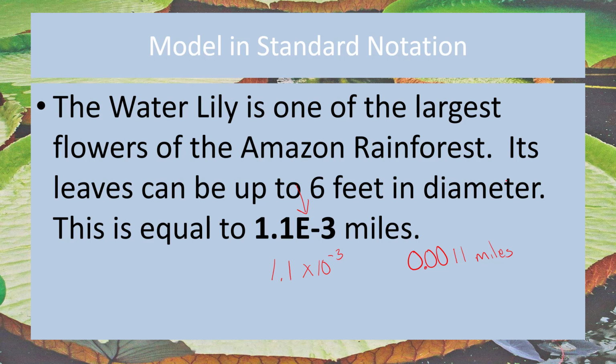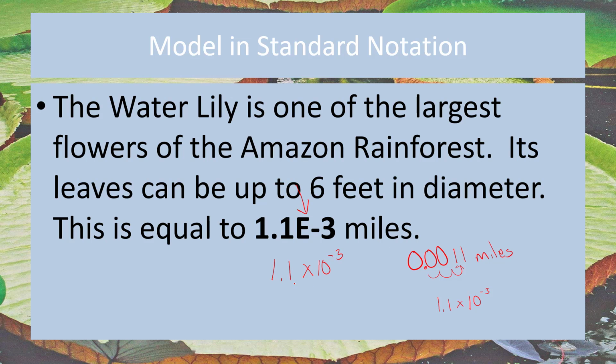All right, can we check this to make sure it ended up with that solution? Sure. 1, 2, 3 places it took to move over between 1.1 times 10. We moved to the right 3 places, negative 3. We did just fine.